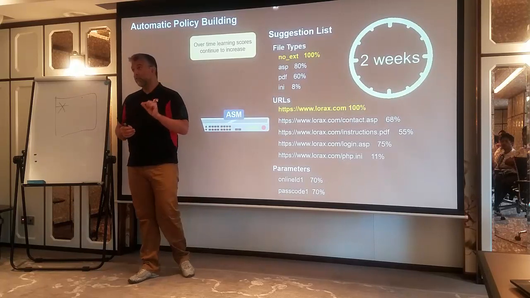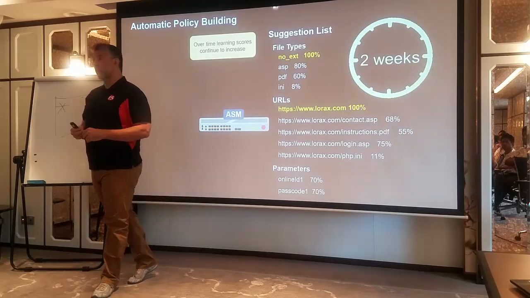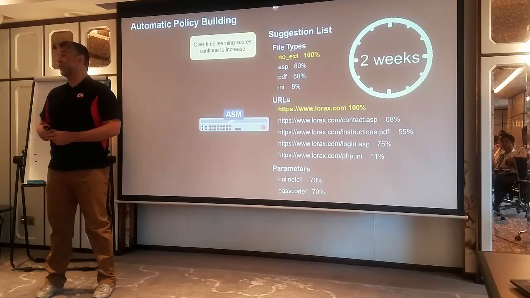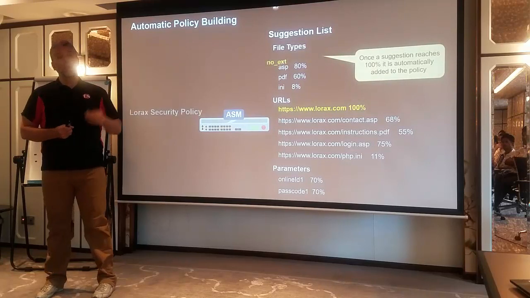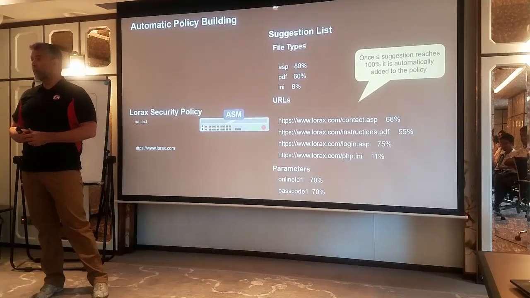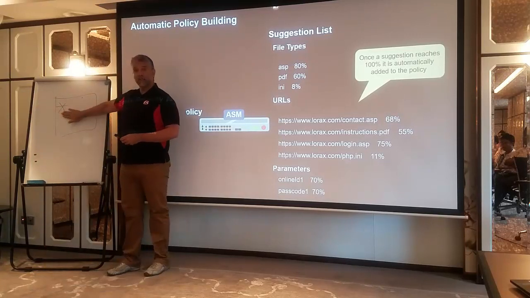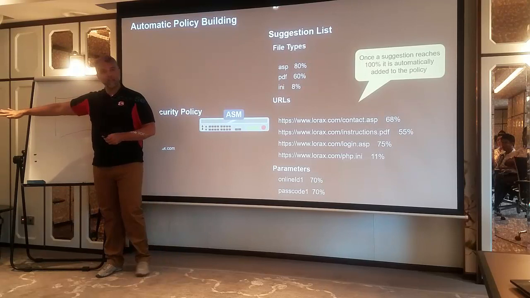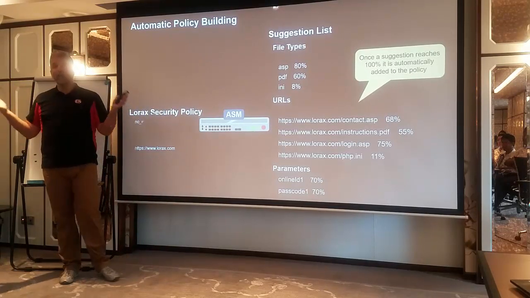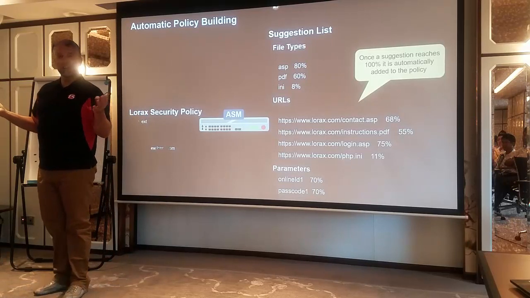This is where the difference is between manual and automatic policy building. In automatic policy building, the moment an entry hits 100%, the policy builder automatically adds those to the security policy. They add it to the file type whitelist, the URL whitelist, parameter whitelist, whatever the case is, all the positive security options that we have.